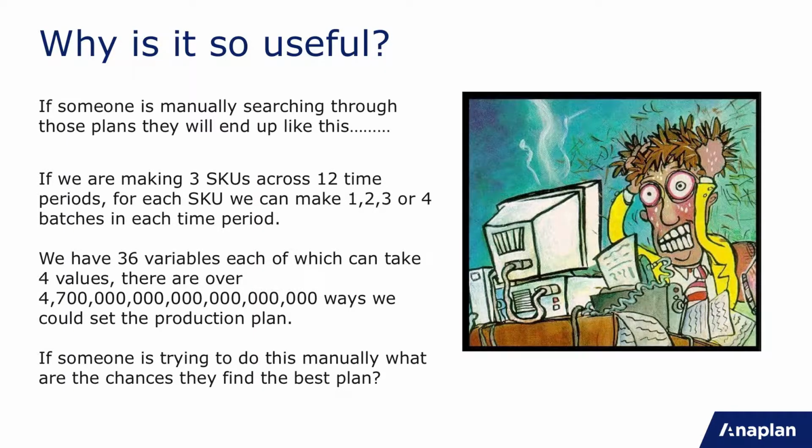So why do we need optimization? Why is this a tool that we need? Imagine a really simple hypothetical scenario. Imagine that your company only makes 3 SKUs, so 3 products, and you're planning for the manufacture of those across 12 time periods, so 12 months for 1 year.